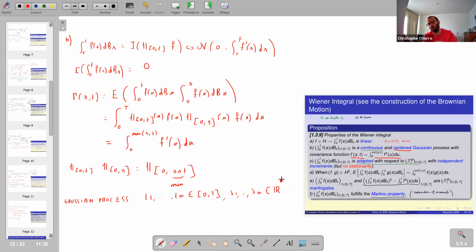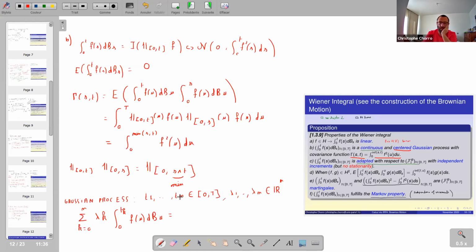And I know that a process is a Gaussian process if all the associated random vectors are Gaussian vectors. So I am interested here in the sum for k equal to 1 to n of lambda k times the integral between 0 and tk of f(u) dB_u. And I want to prove that this is a Gaussian random variable. It's the definition of being a Gaussian vector and so of being a Gaussian process, because I do the job for an arbitrary random vector made from the Wiener integral process.